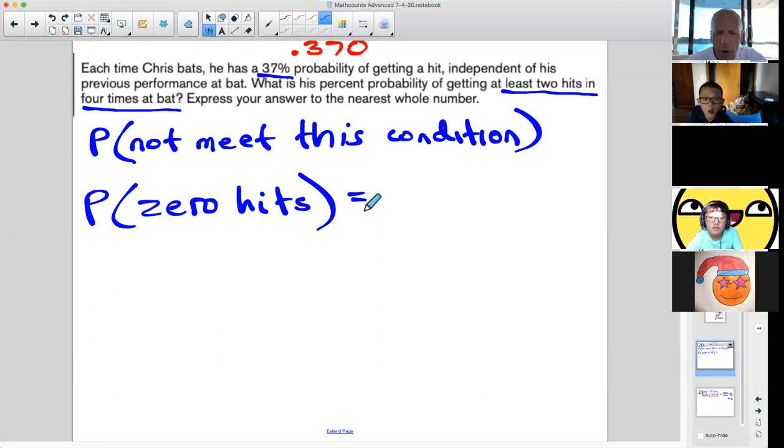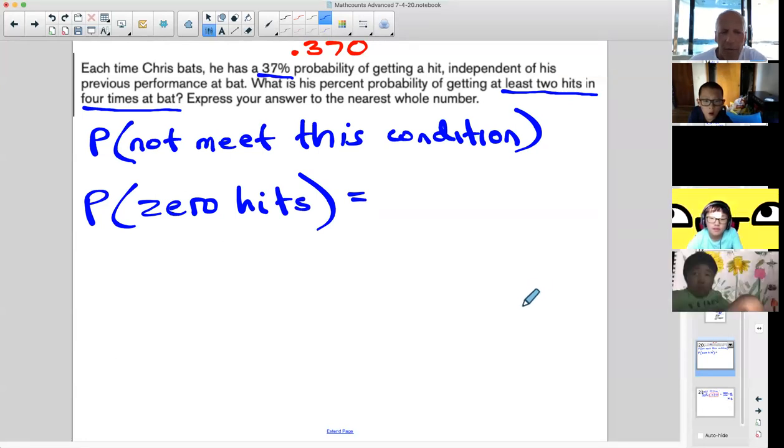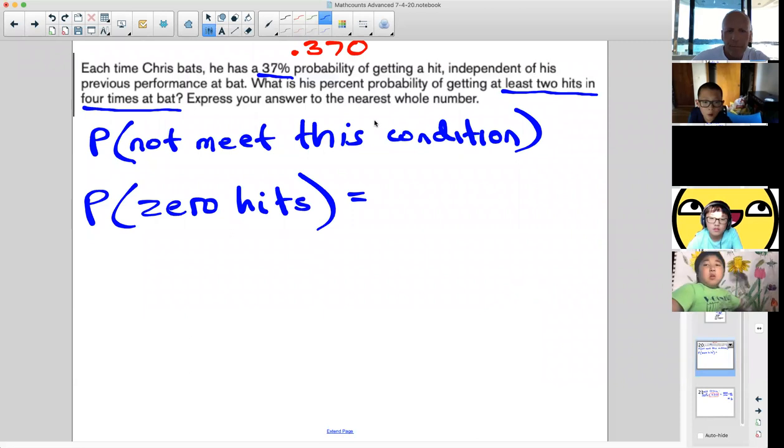While Audrey's figuring out her unmute button, Alan, I want you to give me the probability of 0 hits, but not the answer. I just want the process. Go. So he has a 37% probability. If he wants 0 hits, he has to not get a hit. Which is what? How would I find it? Don't give me the answer. Do 100 minus 37.